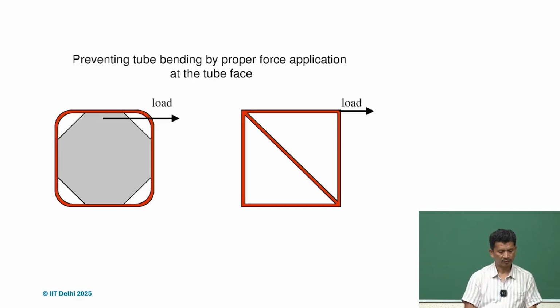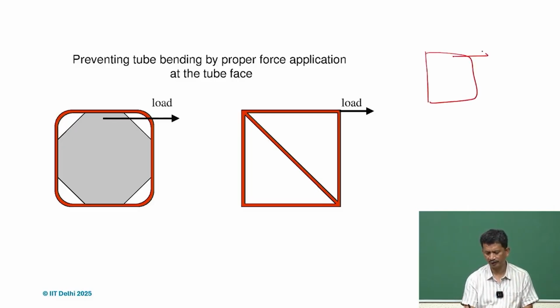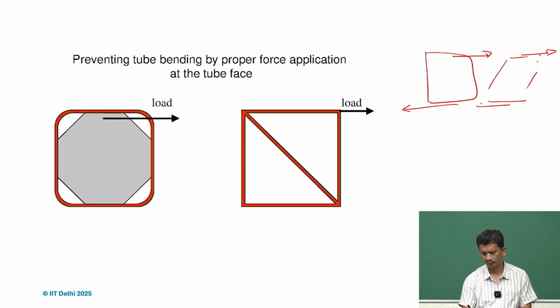So if we want to use even tubes, closed tubes, for torsion, how do we apply the loads? Usually there will be opposite loads applied at the ends, and suppose if it's just like this and you apply load like this, it tends to deform. So what to do?